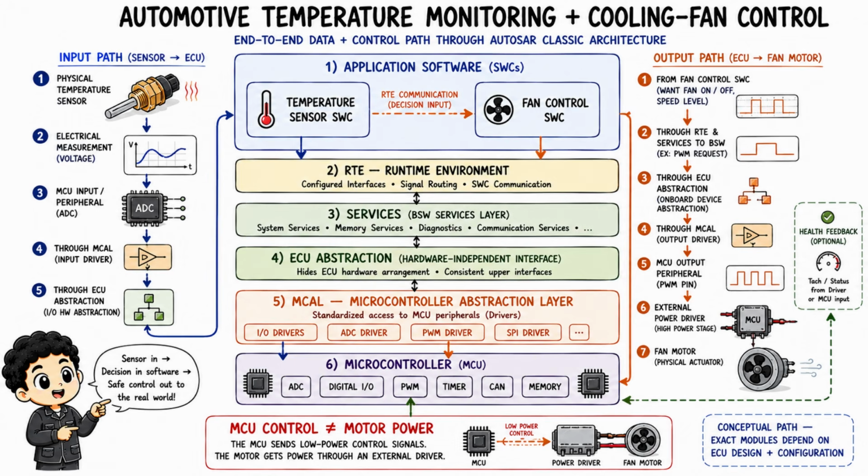The fan control software component can then decide whether cooling is needed. For the output direction, the request travels back through the appropriate configured interfaces and basic software towards the microcontroller output. The last motor driving action is different.